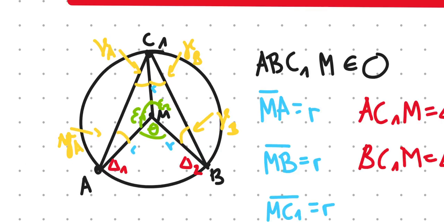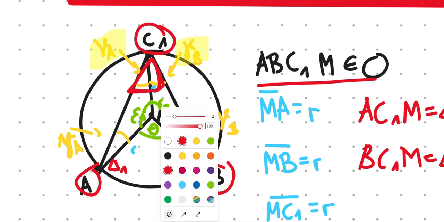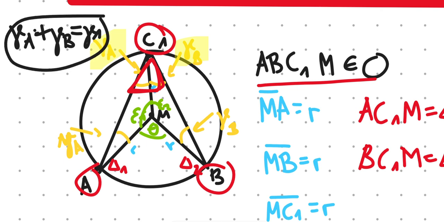So this is what we got, and I would like to simplify it one more time until we get a final answer. Since we talked about gamma A and gamma B, when we add these two up, we have this angle over here on C1, A and B. And since C1, A, B and M are on a circle, we can say that the angle at C1 is gamma 1. We talked about it: gamma A and gamma B added up give gamma 1.